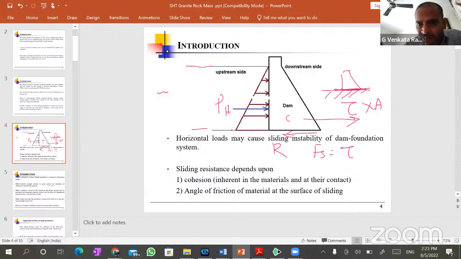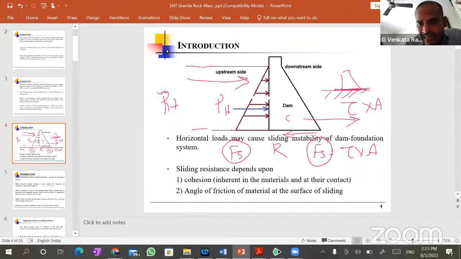So what should be required to stabilize against the shear? The pH is the force acting due to the water. If this force is more than the resistance force Fs, then there is a chance of failure. So the shear resistance should be more.